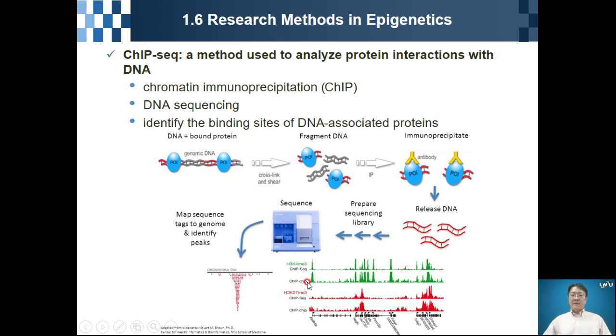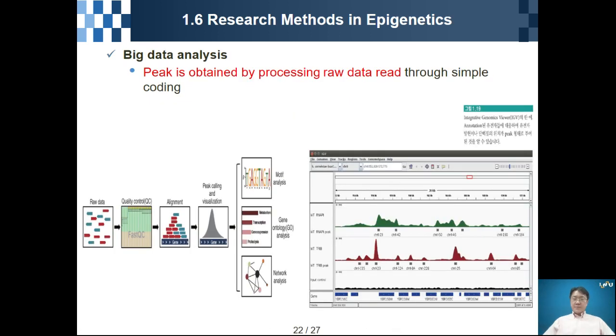To make this kind of graph, the ChIP-seq data is analyzed by using big data analysis technology. This is the raw data read.